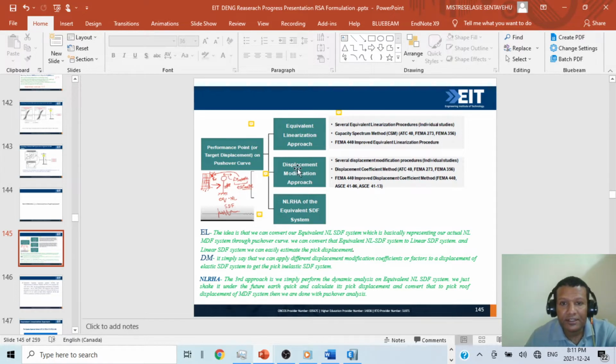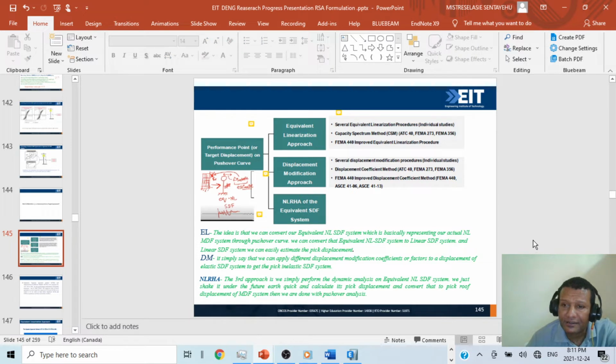So what is the equivalent linearization approach? The idea is that we have a non-linear single degree of freedom system, which is basically representing our actual non-linear multiple degree of freedom system, as we have seen now. Through the pushover curve, we can convert that equivalent non-linear single degree of freedom system to a linear single degree of freedom system, and we can easily estimate the peak displacement.